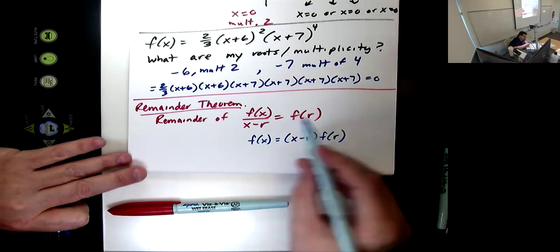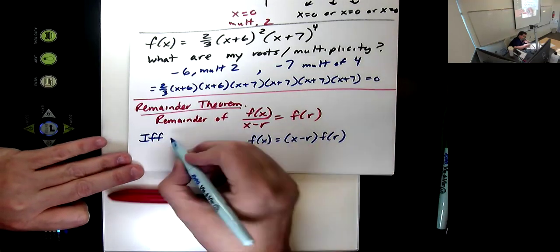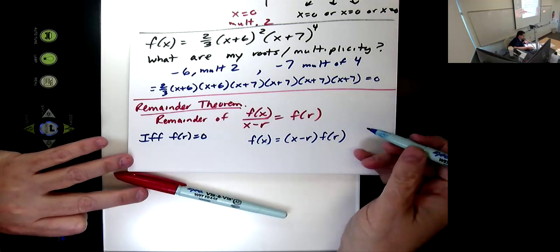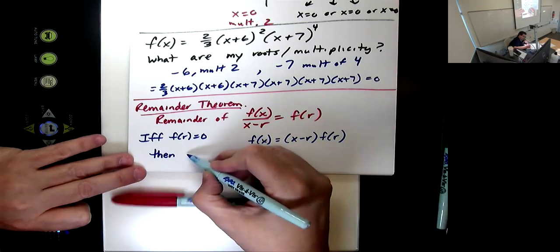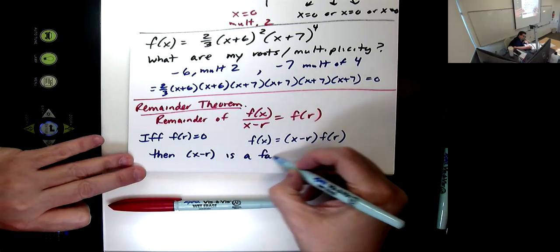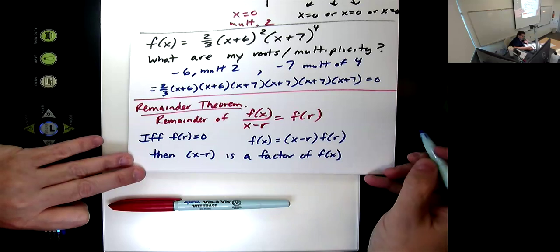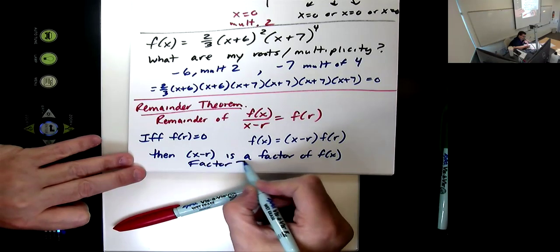So if and only if f of r equals 0, then x minus r is a factor of f of x. And this is called the factor theorem. They're kind of related.